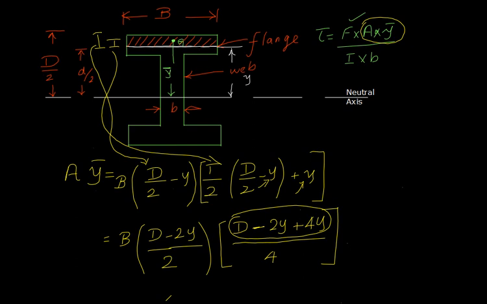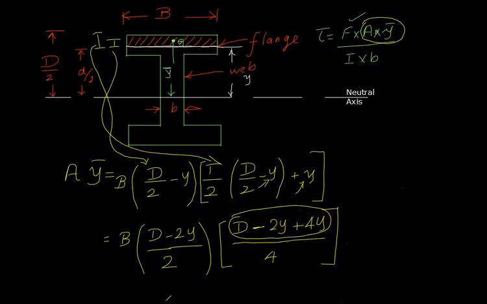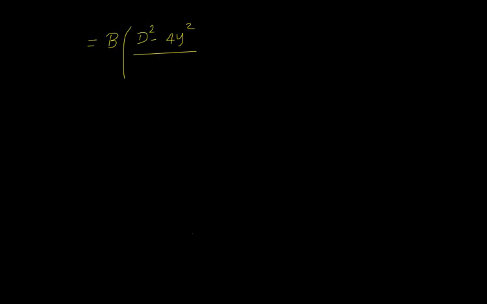So in the next step, I'm just going to write that it is equal to capital B into capital D squared minus 4y squared, whole divided by 8. So this is the expression for a into y bar.